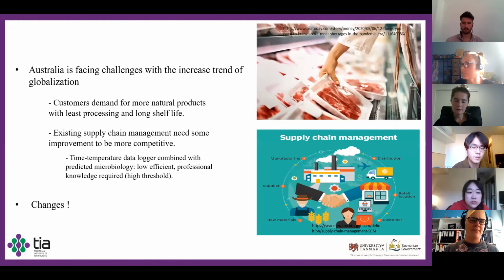However, recently, due to the trend of globalization with increasing competition, the Australian red meat industry is facing challenges to be more competitive and satisfy consumers' demand. Existing supply chain management needs some improvement.